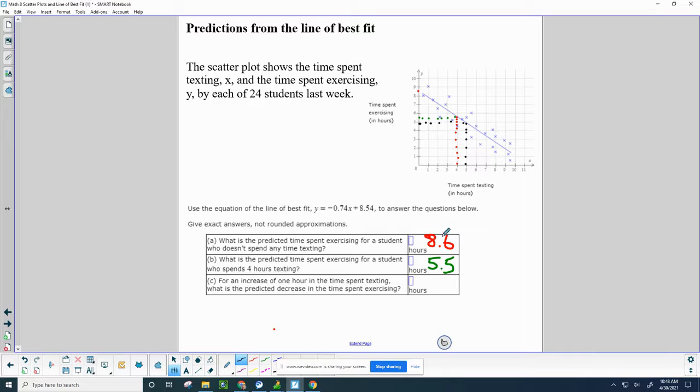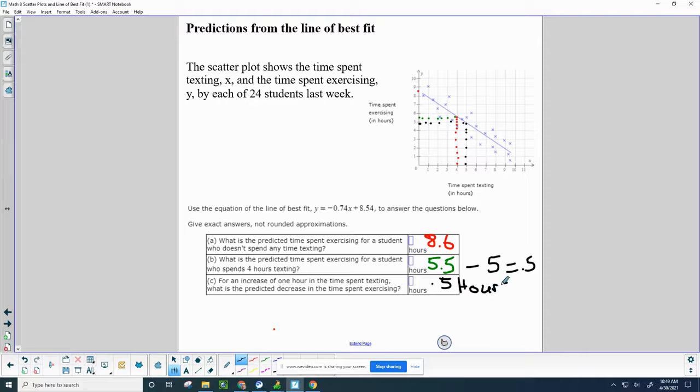So that means that if we go another hour of texting, we're going to exercise for a half hour less. So we subtract, and we end up with 0.5 hours. So for an increase of an hour of time spent texting, the predicted decrease in the amount of time exercising is 0.5 hours.